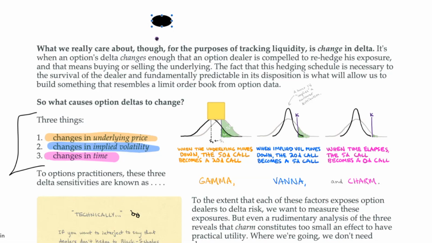And it's essentially how spot is moving up and down this curve. It's going to tell you, and you can see it there, you've got a 50 delta. Spot moves down just a bit, it instantly becomes a 20 delta. That's the gamma effect on those deltas. So you've got the 50, the 100 share position, and it instantly gets cut essentially in half.